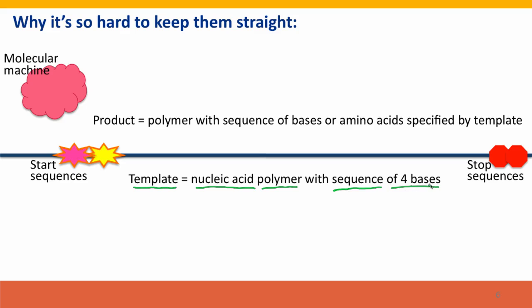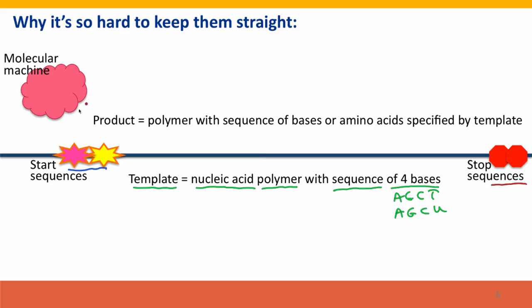It could be the 4 DNA bases, it could be the 4 RNA bases. So AGCT if it's DNA, AGCU if it's RNA. The template has some sequences that say start here, and it has some sequences that say here's where you stop.